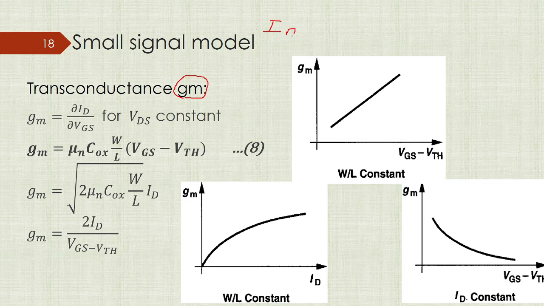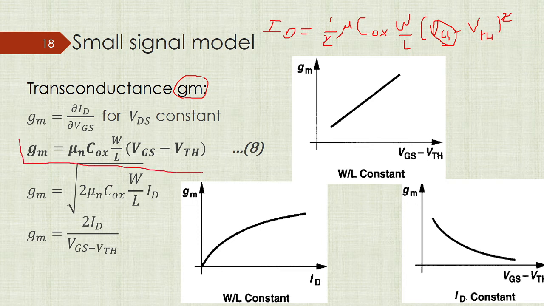So if we have our equation of the current as half mu Cox times W over L times VGS minus VTH squared, and we derive this equation as a function of VGS, the square goes down, and we will get equation number 8.